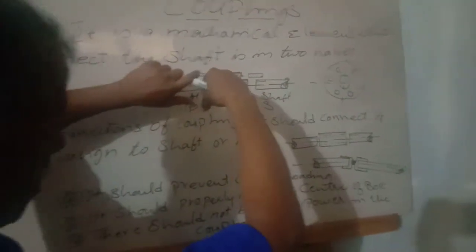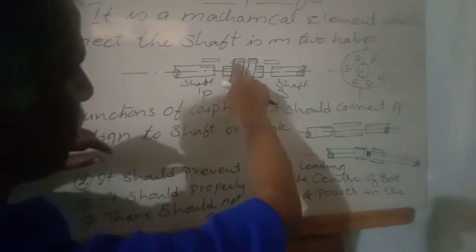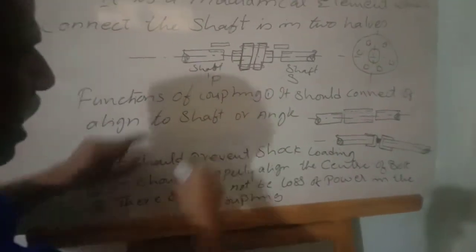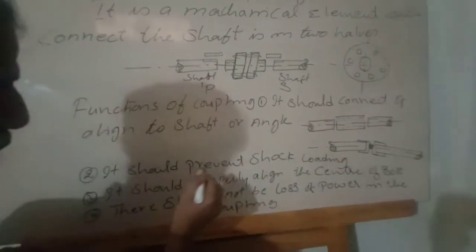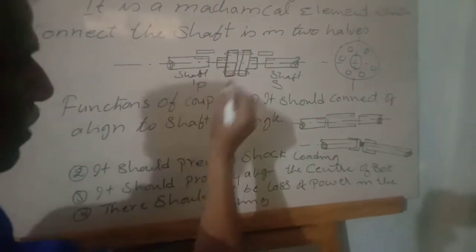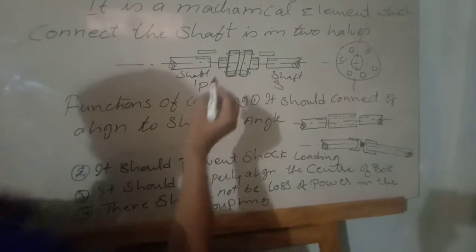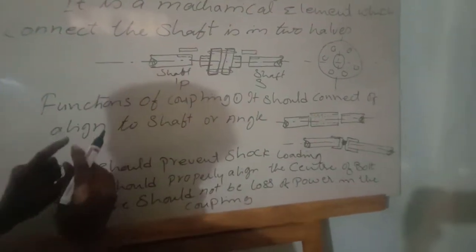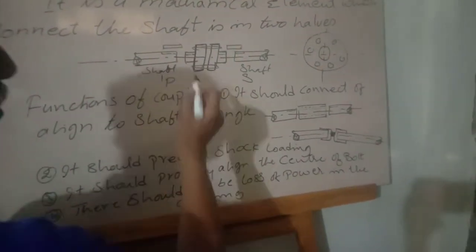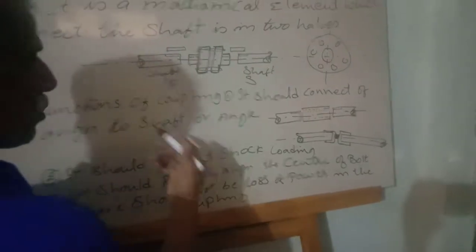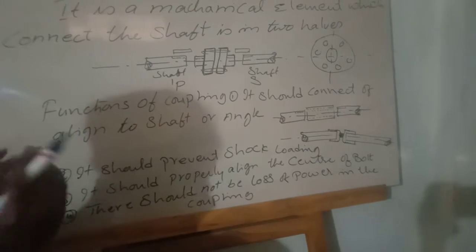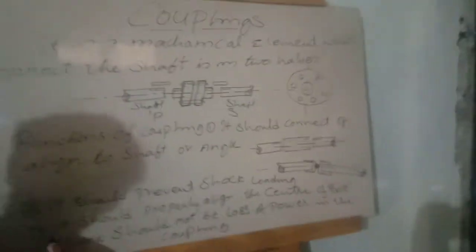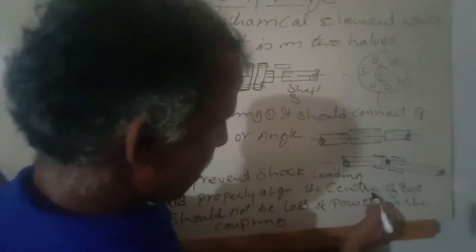Due to this shock, the bolt will get sheared and break off. So to avoid that, it should prevent shock loading. To prevent shock loading, in between we can use some hard rubber. Due to that, shock loading will be resisted.